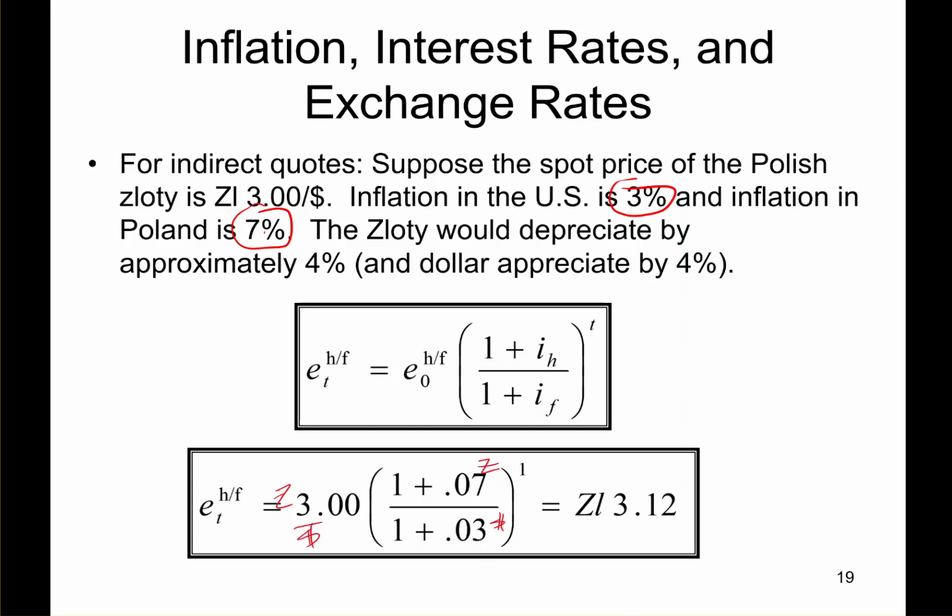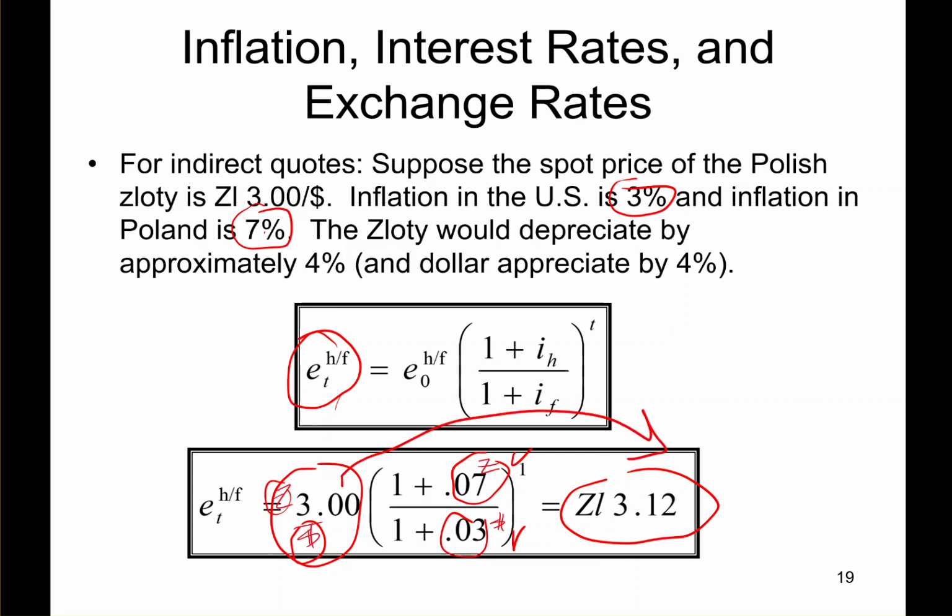So just applying my formula, my forecast of the zloty per dollar is today's zloty per dollar exchange rate, 3, times 1 plus the zloty inflation over 1 plus the dollar inflation. Make sure it's always consistent. If it's a zloty over dollar exchange rate, it's zloty over dollar inflations, and you expect the exchange rate to go to 3.12 zloty per dollar. And so if it's gone from 3 to 3.12, that's about a 4% appreciation of the dollar, which is what you'd expect if the US has 4% lower inflation.